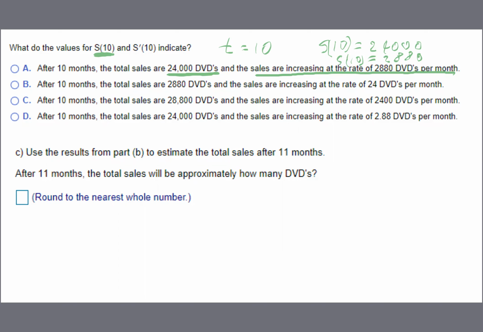This is wrong because S of 10 was 24,000. C is wrong as well, the number doesn't match. D is wrong as well because the rate of change for us was 2,880 and in here it says 2.88. So the correct answer is A.